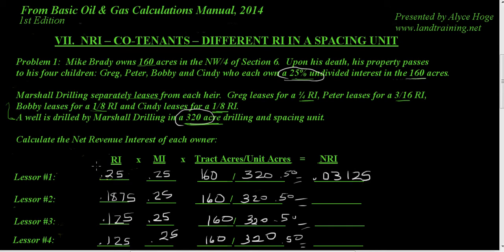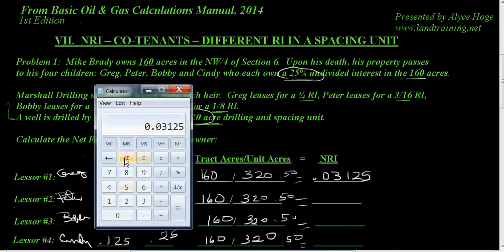So then let's label these. This is Greg, Peter, Bobby, and Cindy. So then let's look at Peter's interest. Remember, he had a 3/16 royalty interest.